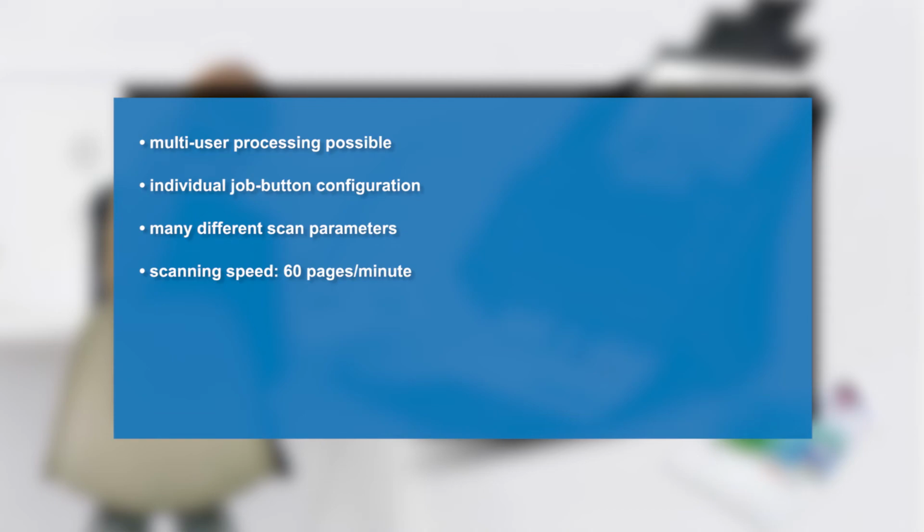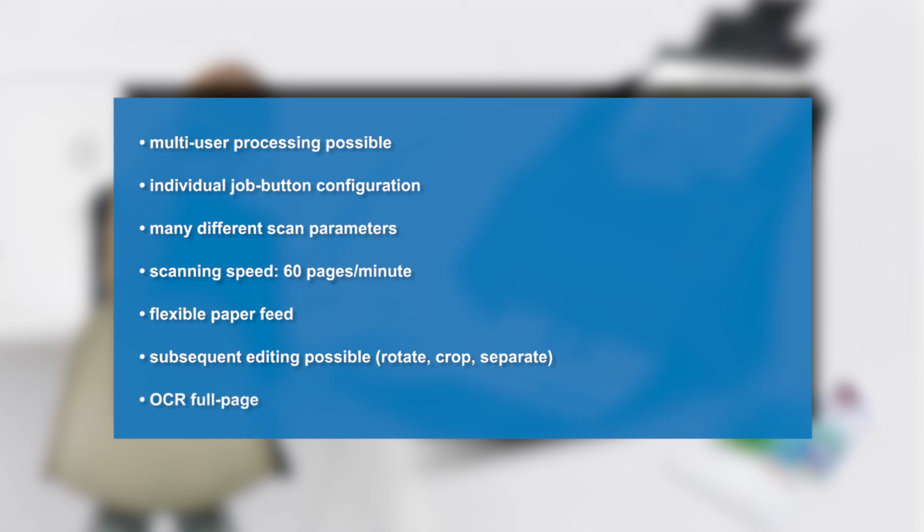The PT2160 also offers a flexible paper feed, where the limits of the feed can be adjusted to the loaded document by moving it. The scanning process can be manipulated and controlled by post-processing, where documents can be rotated, cropped and separated. If required, an OCR full page can also be generated.